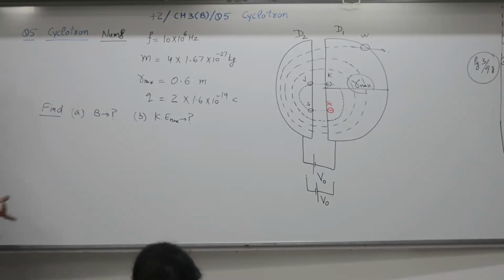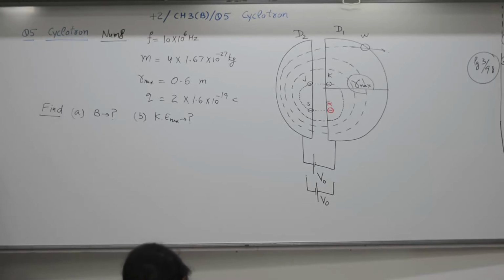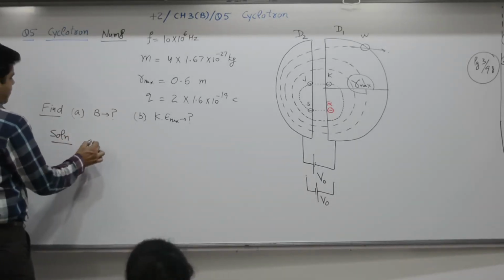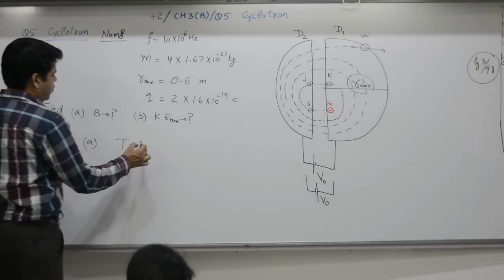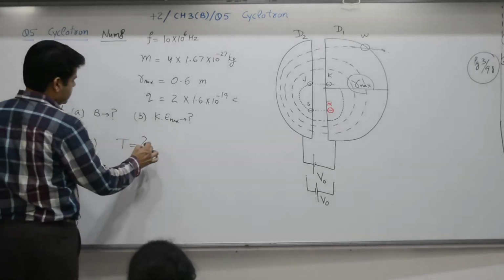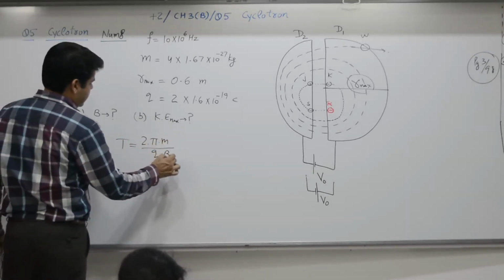You can refer to the theory and try. The time period formula was what? Half of the time is pi m by qB. Full time T is equal to 2 pi m by qB.